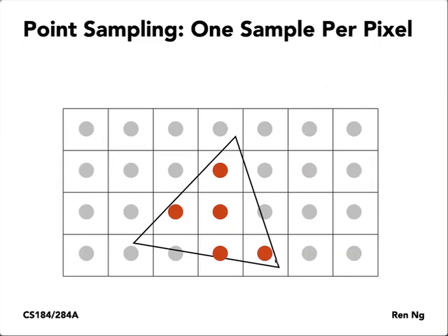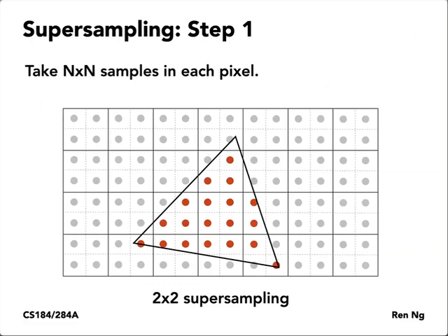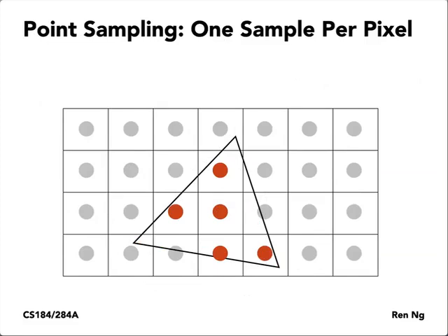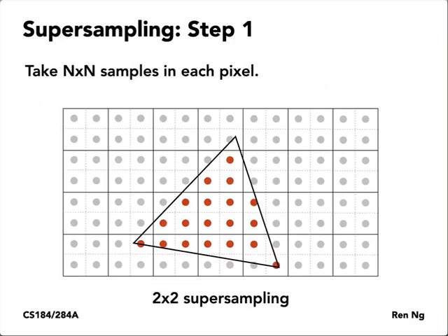If instead we did super sampling, say n by n super samples, in this case 2 by 2, then for each of these pixels we break it up into 2 by 2 bins. We take 4 samples instead of 1, and we get this resulting sampling grid.